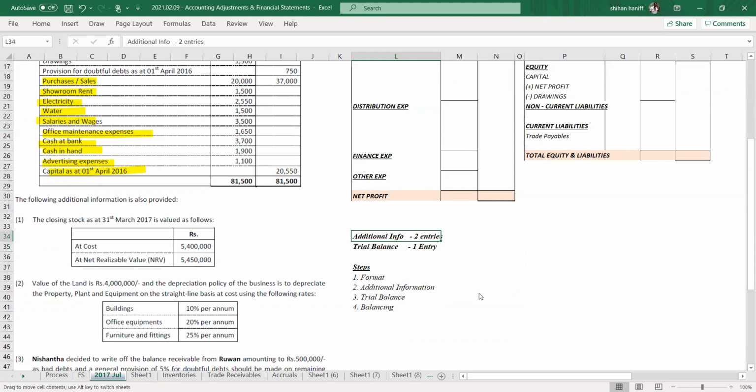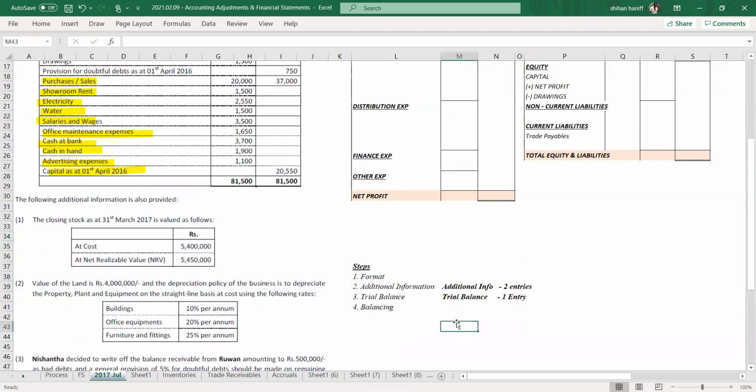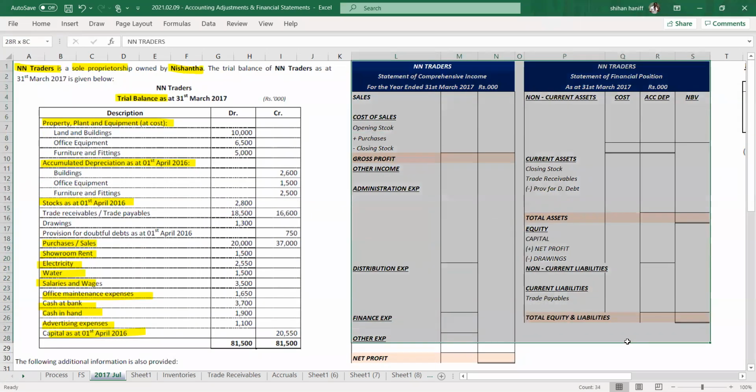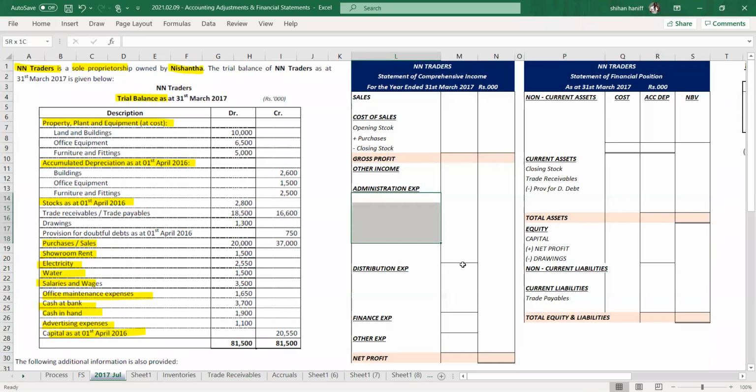Additional information, two entries. Trial balance, only one entry. So first step is format. You need to draw the format by keeping space. But some people might start from sales and try to do from sales to cost of sales to other income.